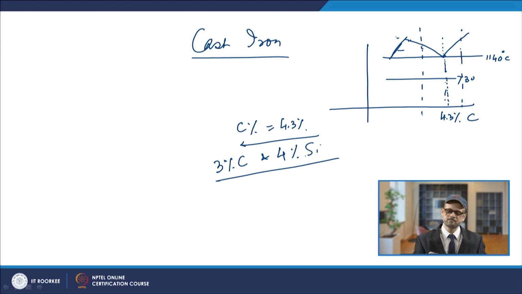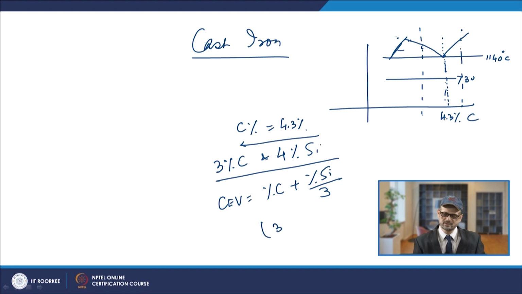So, the silicon is changing the carbon equivalent value. The carbon equivalent value in that case is defined as percentage carbon plus percentage silicon divided by 3. So, if you look at this, it will be 3 plus 4 by 3, which becomes 4.3 or so.